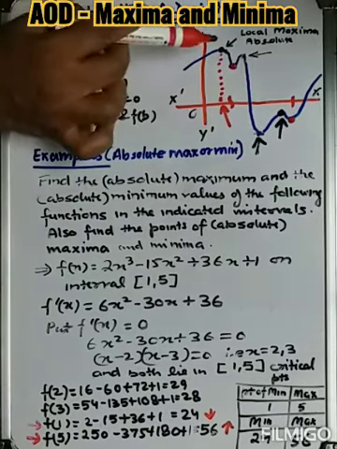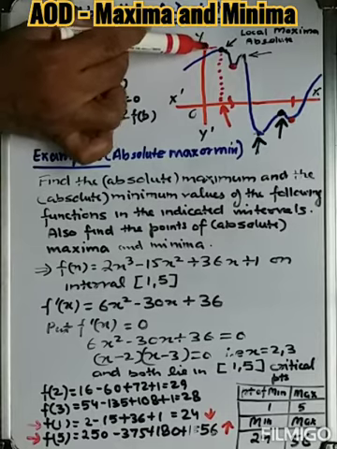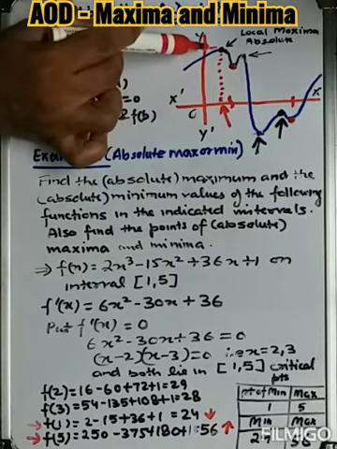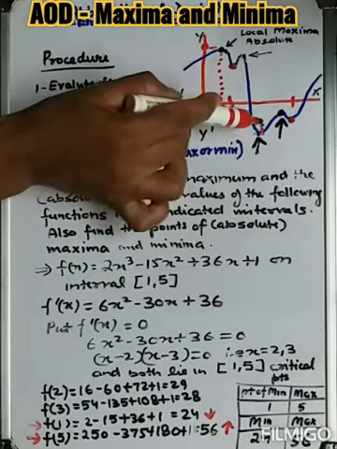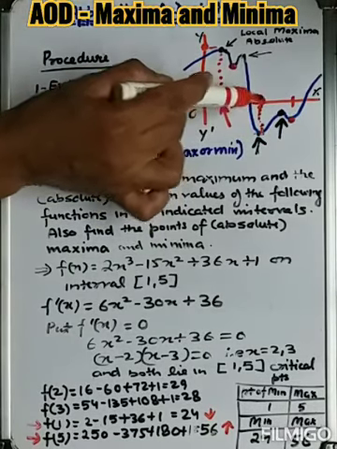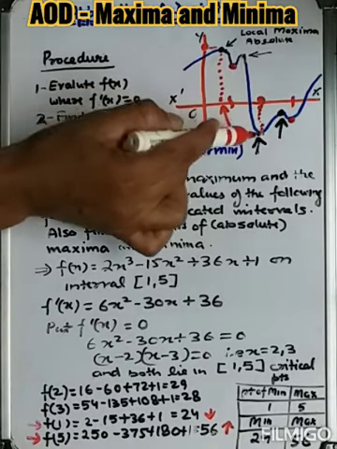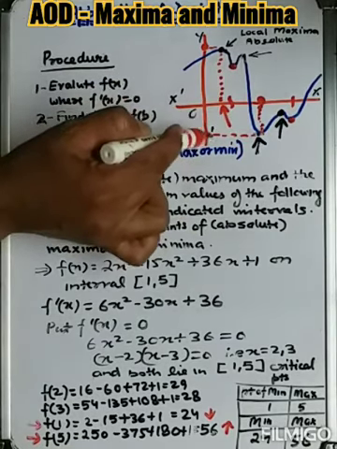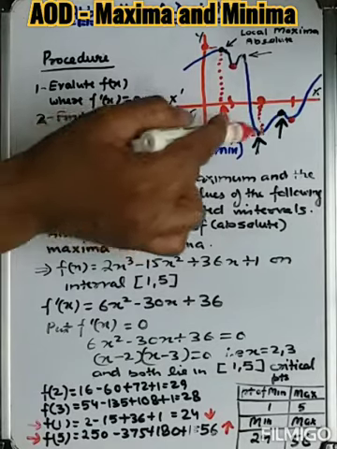And if we take out the value of y at this point, this will be the maximum value. Same way, this will be the point of minima, and whatever is the value of y, that will be the minimum value.